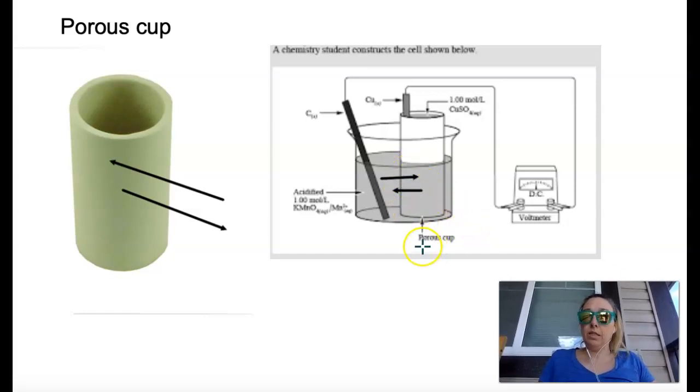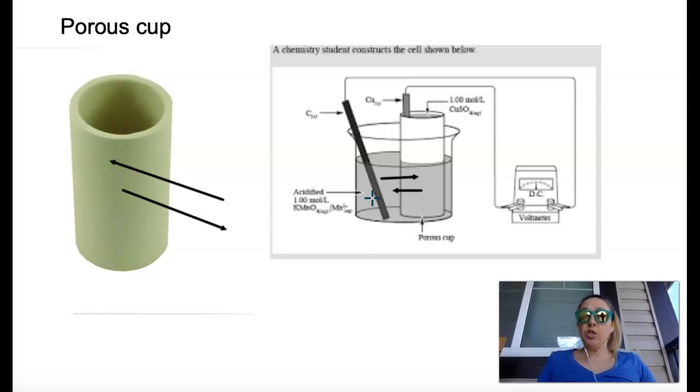And it's still the same as before: the cations migrate to the cathode, the anions migrate to the anode. So if this strip here is my cathode, it's the cations in this solution that are migrating in, and it's the anions inside the porous cup that are migrating out into the beaker. We don't need that additional electrolytic solution because the electrolytes are provided from the solutions that we already have.